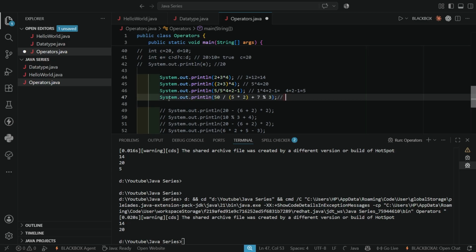This looks a little tricky. Here we have parenthesis in between, not at the very beginning. So how will you solve it? Parenthesis has the highest precedence, right? So 5 times 2 is 10. We get 50 divided by 10 plus 7 mod 3.